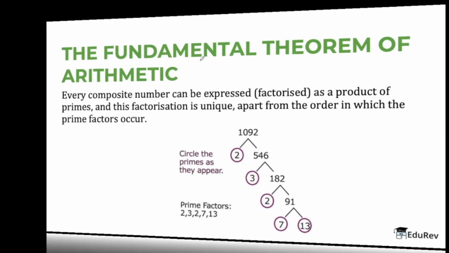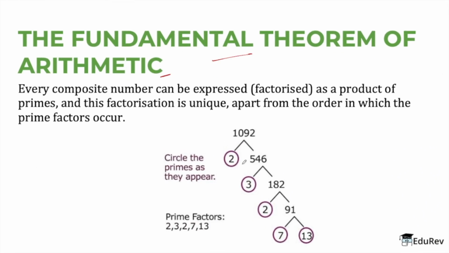Now when I go back to the concept itself, it is basically that 2 times 546 is 1092. Then 3 times 182 is going to be 546. Then 2 times 91 is 182.